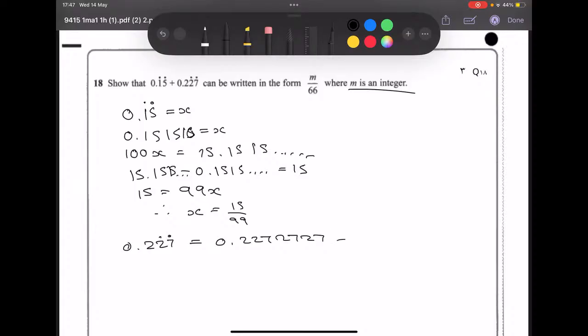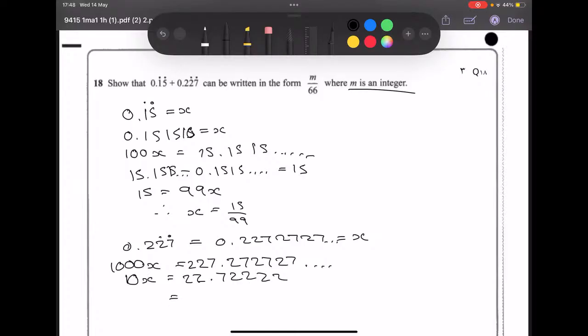If this was x, then 1,000x would be 227.272727, and we would need 10x, which would be 22.727272.